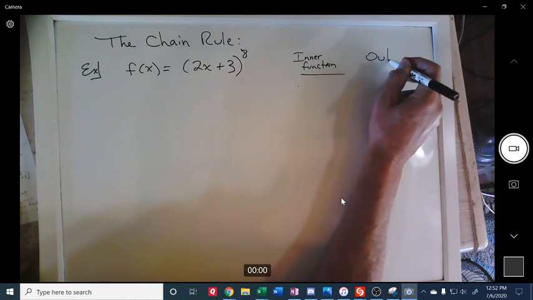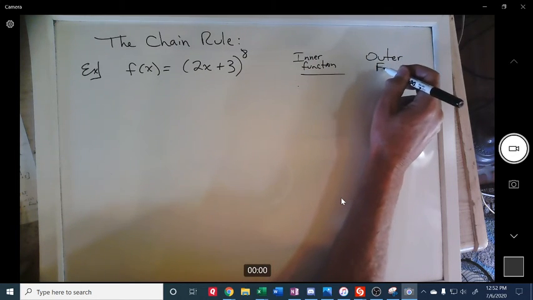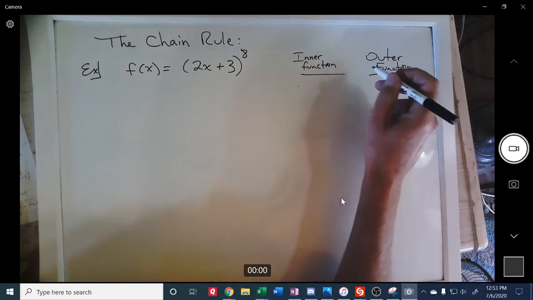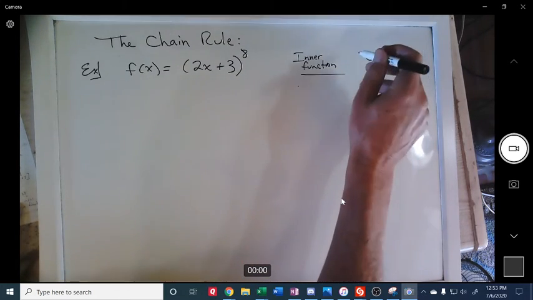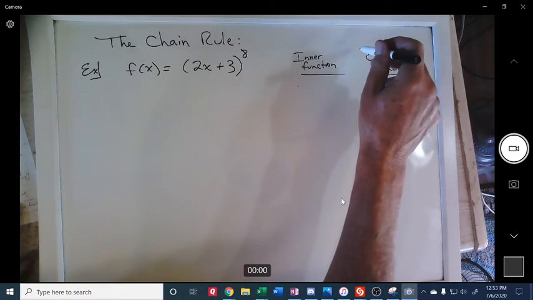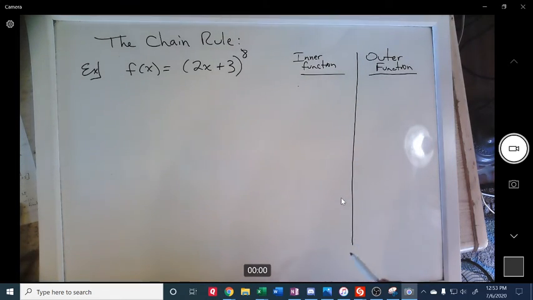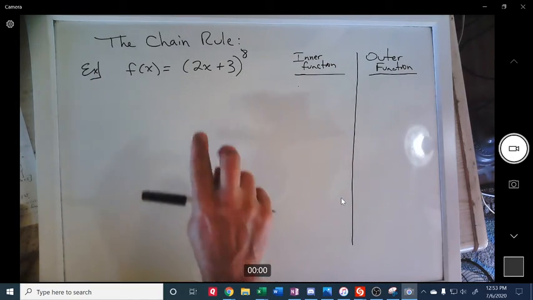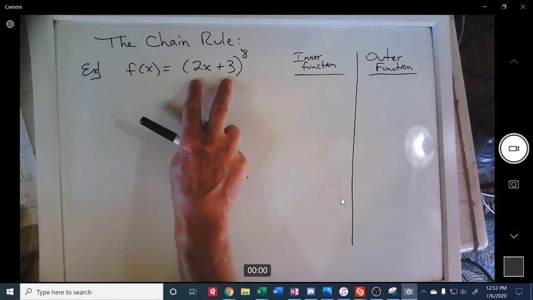And what's the outer function on this one right here? 2x plus 3 is on the inside.